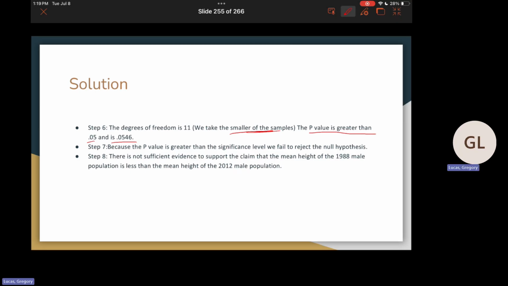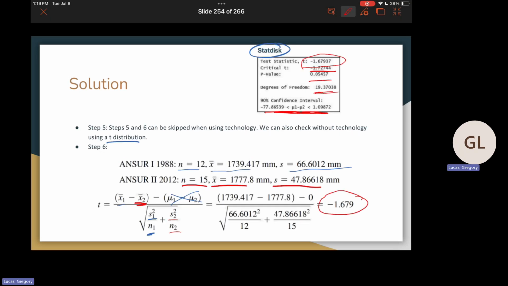Because the p-value is greater than the significance level, we fail to reject. We also see if we looked at the critical value of negative 1.72, it would just miss that range as well. So minus 1.679 is slightly bigger than that critical value.